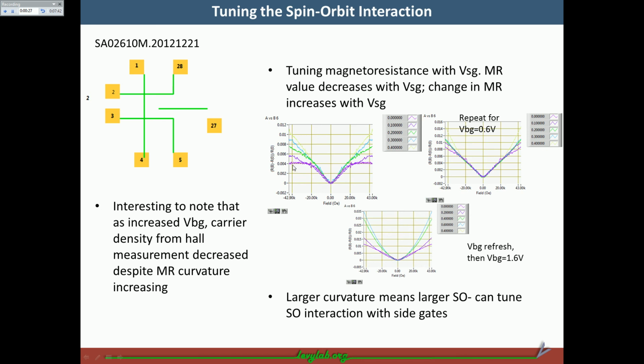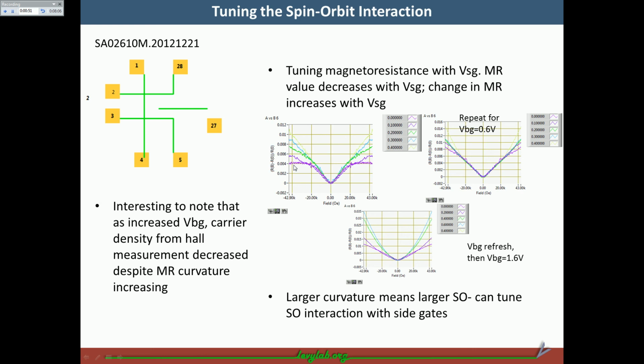So we're looking at the longitudinal resistance across the main channel. And so for various side gates, as we increase the side gate, we see that while the magnitude of the normal state resistance decreases, the curvature is increasing.